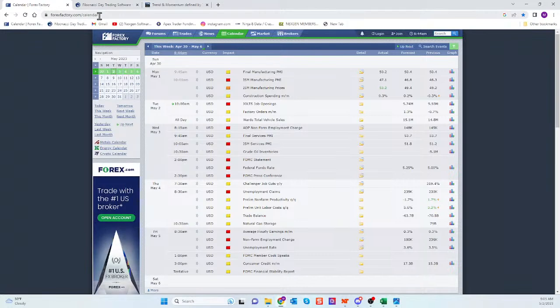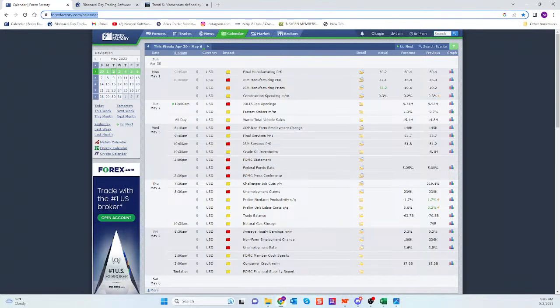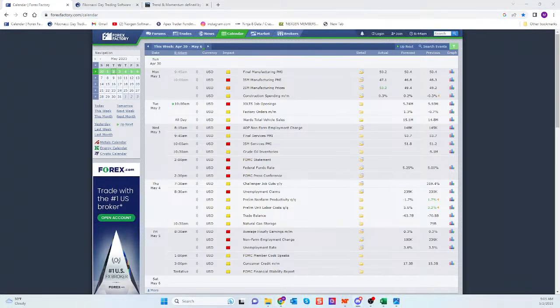But before we do, we're going to go to forexfactory.com. I do this every morning because I want to make sure that I'm not jumping in front of a market that may act irrationally or emotionally charged. And today on Tuesday, May 2nd at 10 a.m., we have the JOLTS job openings. So I always scribble a little note at the bottom of a piece of paper, or I grab my phone and say, hey Siri, at 9:55, set an alarm, because I prefer to not trade into news reactions.